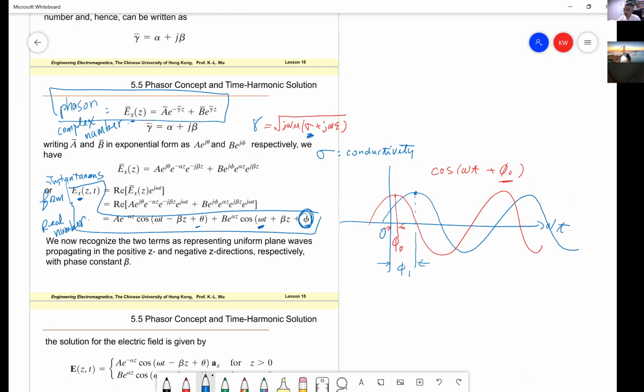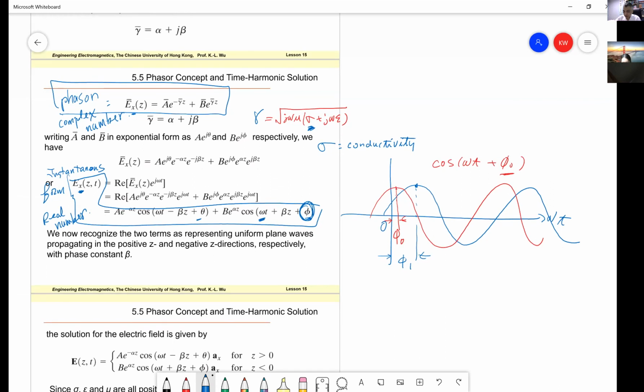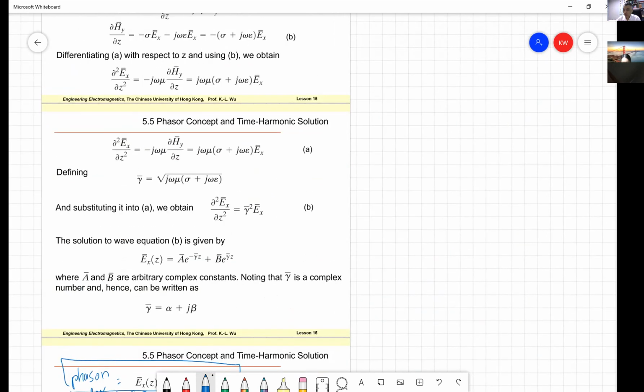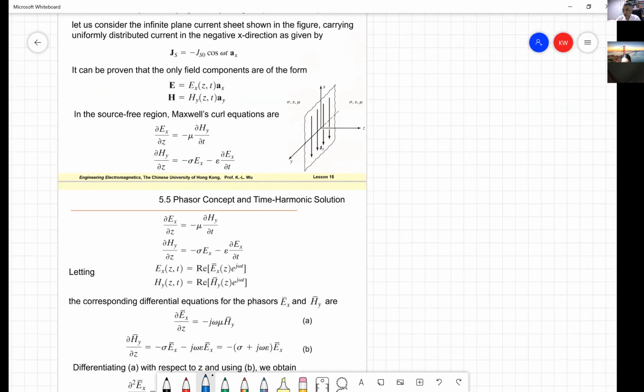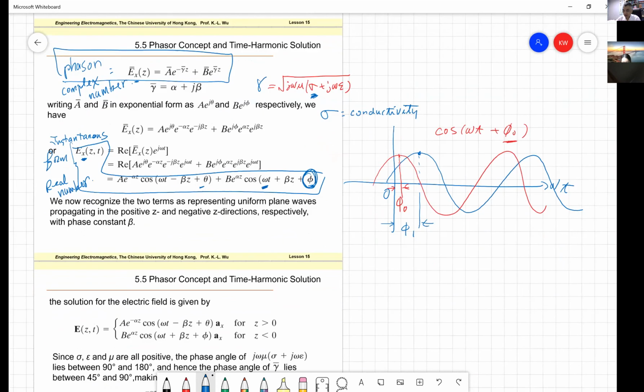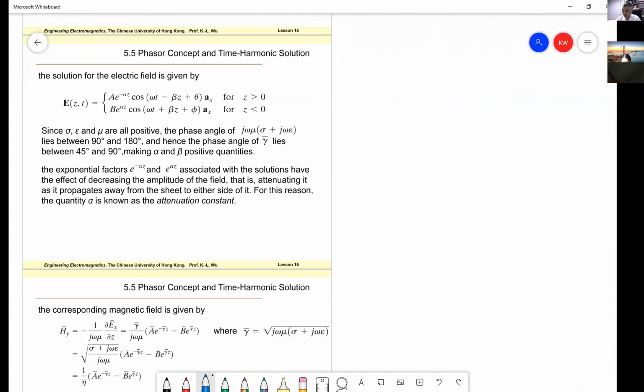So we care about the relative initial phase difference if you deal with more than one wave. This is very important before we talk about electromagnetic waves without loss.